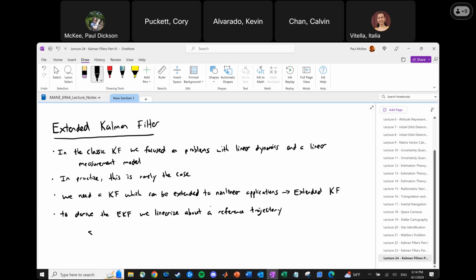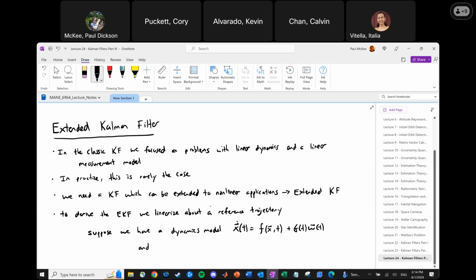So suppose we have a dynamics model which looks a little bit more like homework 5. We'll say x dot of t is some function of the state and what time it is, plus this part is linear, g of t omega of t. Looks an awful lot like homework 5.